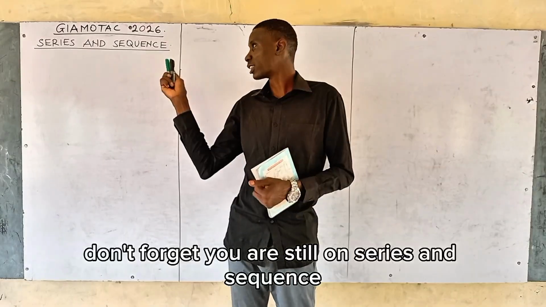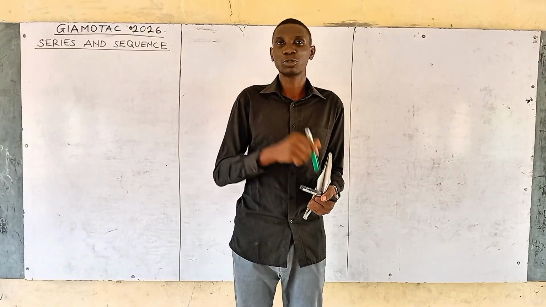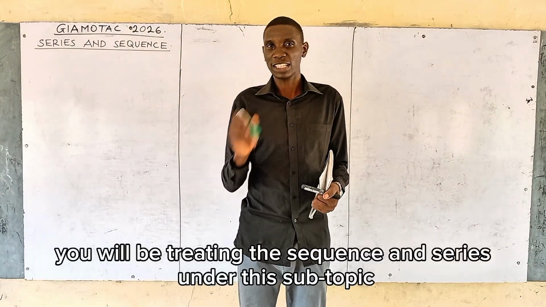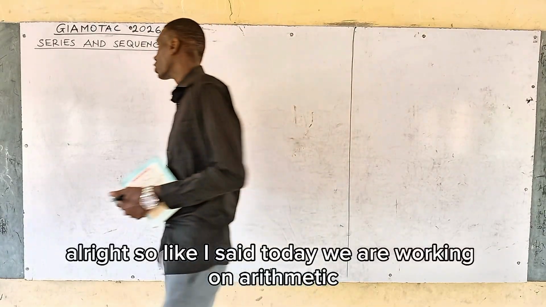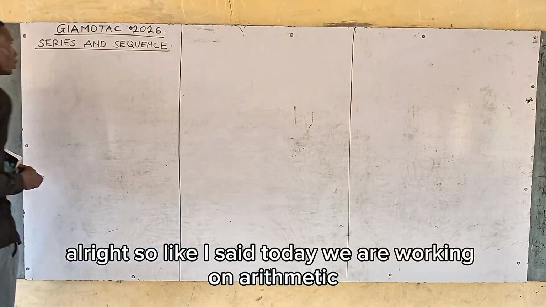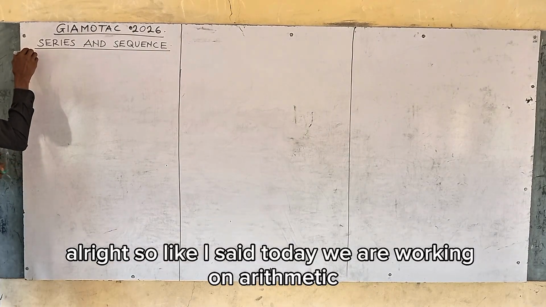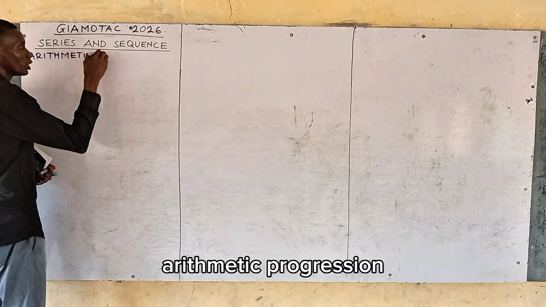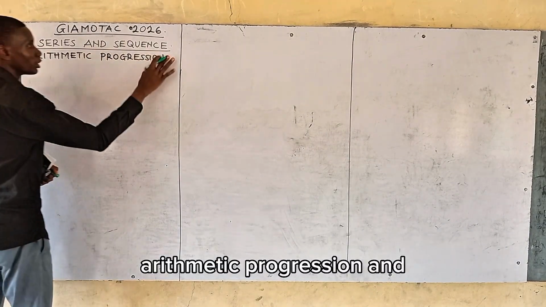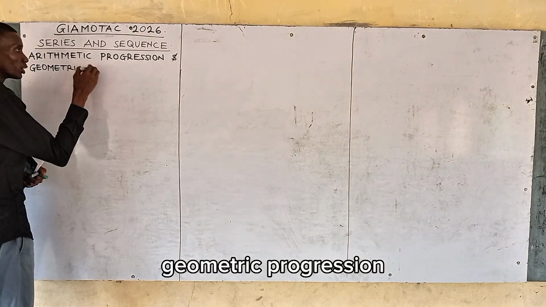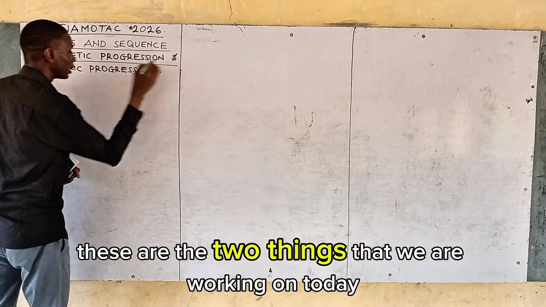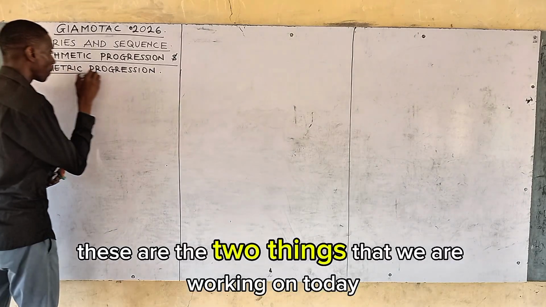Don't forget, you are still on series and sequence, and that is why we'll be treating the sequence and series under this subtopic. So like I said, today we are working on arithmetic progression and geometric progression. These are the two things that we are working on today.